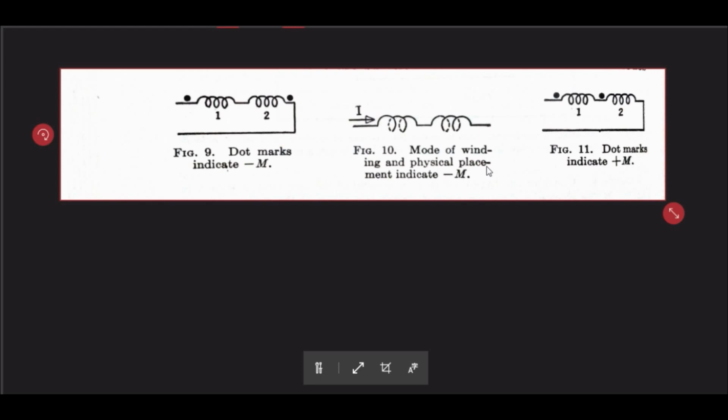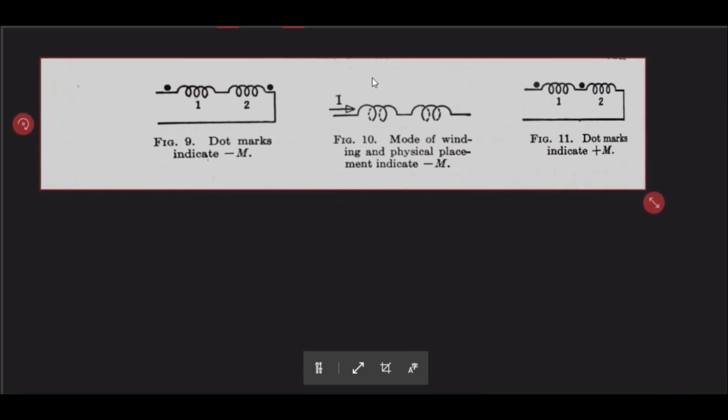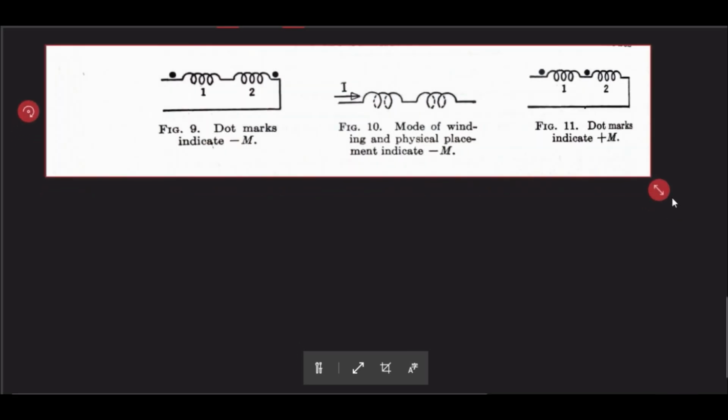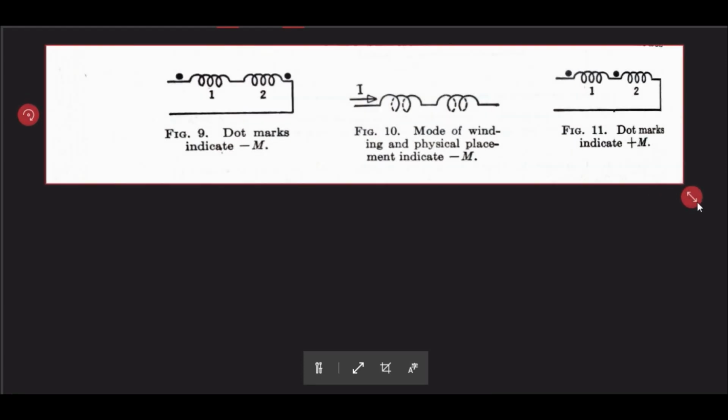Here, see these dot marks in the first one. If we consider the first circuit, the dot mark means that if you allow flow of current in one circuit, the flow of current in the other circuit will oppose that.